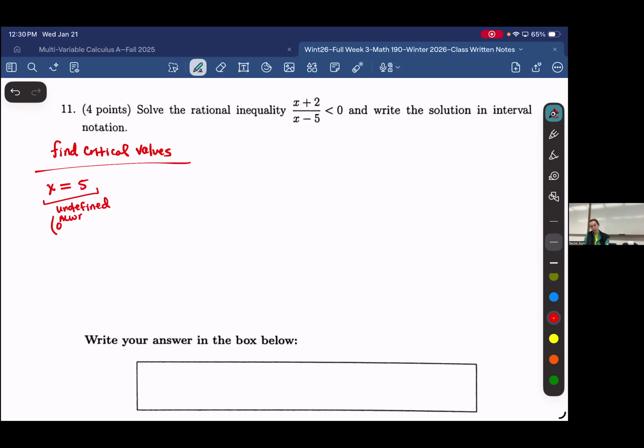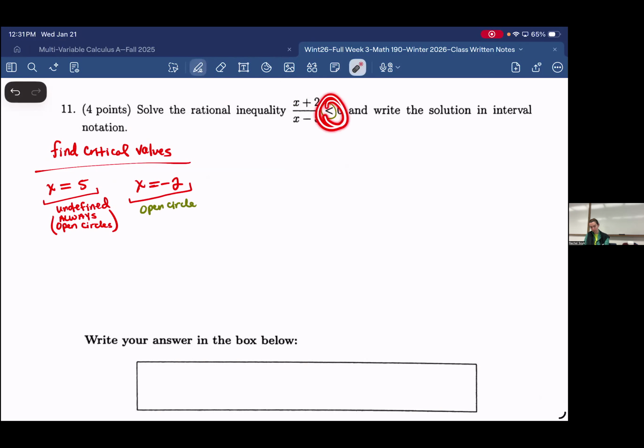Yeah, it's always open for undefined. And then what makes the fraction 0? When x is equal to? Yeah. And is this open or closed circle? Yeah, it's open because we're looking at just less than, not less than or equal to.